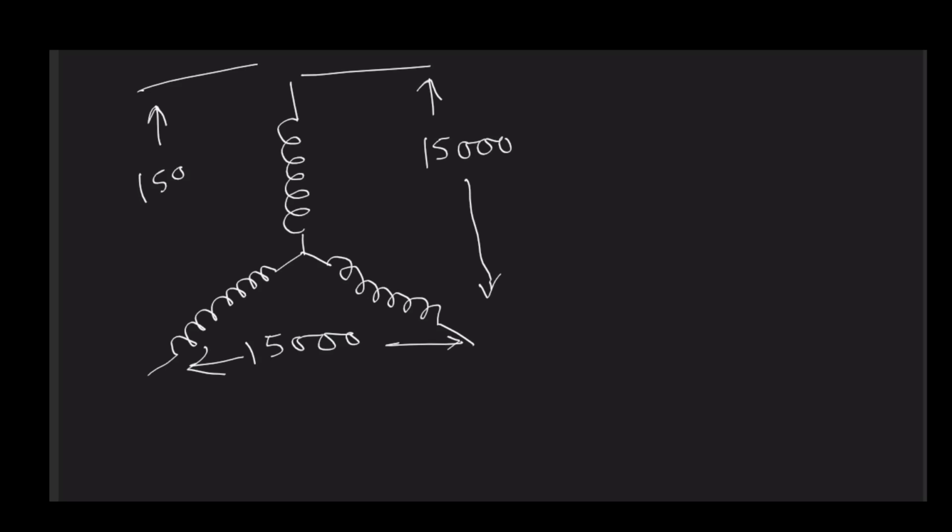This one is also 15,000. So if you consider its corresponding value on the low voltage side, you have to divide all these by 50. So what will you get? You will get 300 for each side.